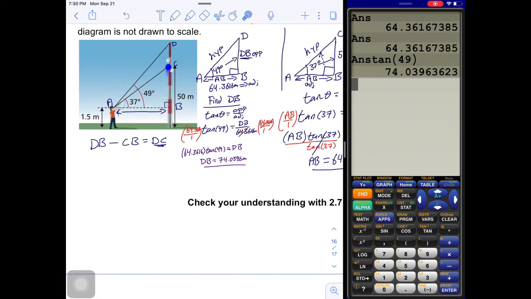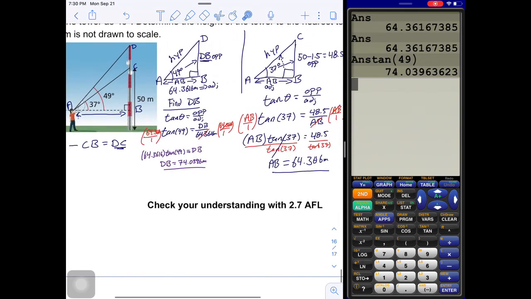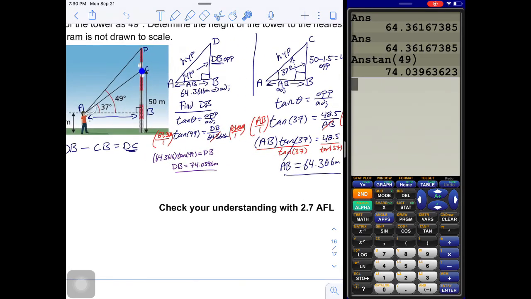Okay, so let's remind ourselves what we're trying to do. We're trying to find the length of this. We have just found D to B. Why did we find that? We found D to B because now we can find D to C here, and then we can add it.